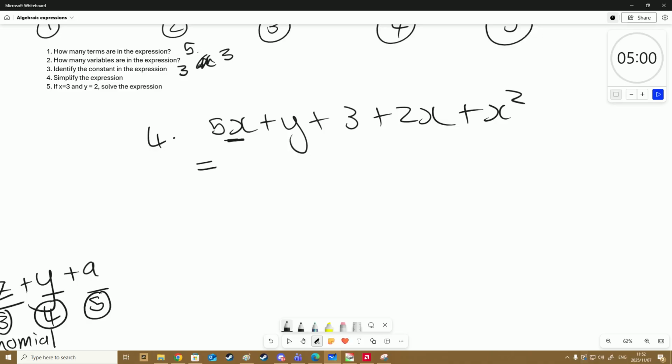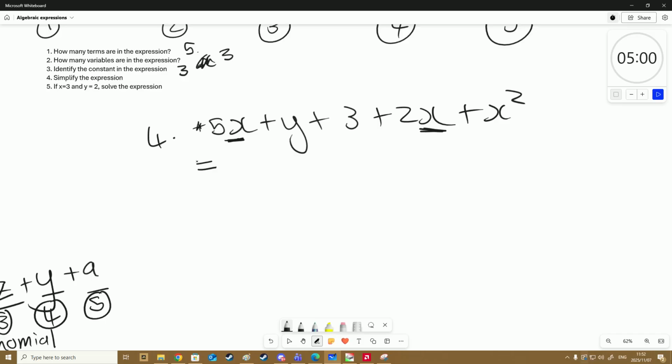Over here we have an x. Now we look for another x in the row. Over here is an x and here's an x squared. Remember that the x squared and the x are not the same, so this is the only one we can add to 5x. There's an invisible plus in front of this 5x because there's no negative, so it's always positive if there's not a negative in front.